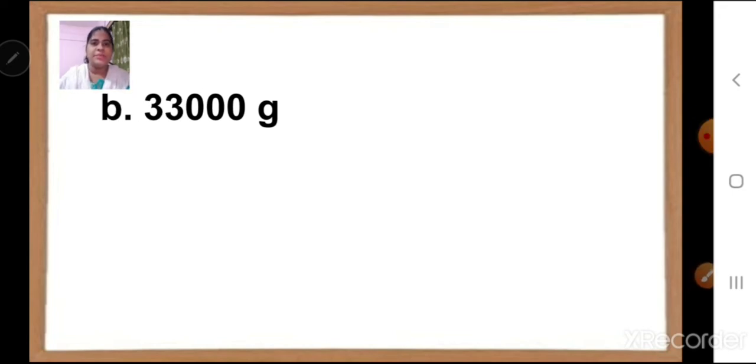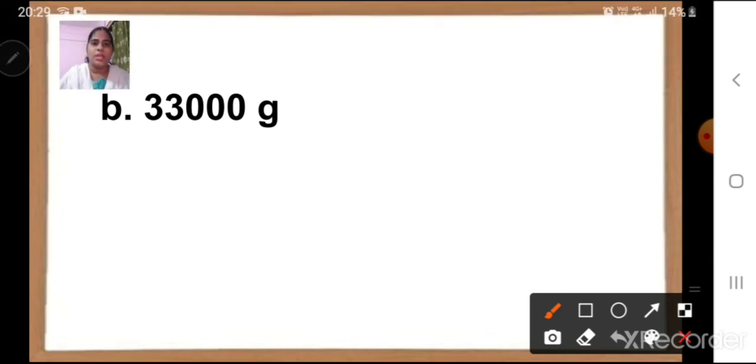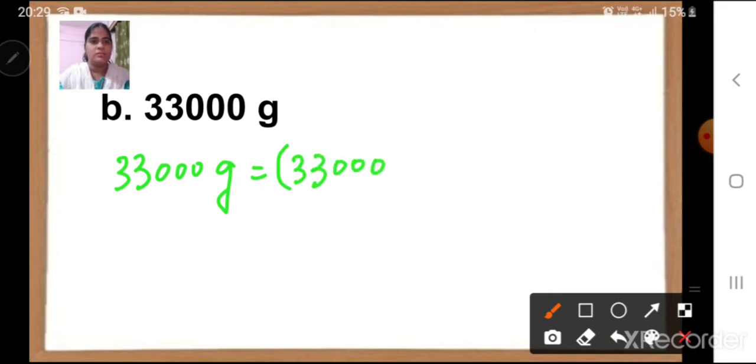Children, next question is B, 33,000 grams. Okay, so let us solve it. If we need to convert from gram to kilogram, we have to divide by 1000, correct? So 33,000 grams is equal to 33,000 divided by 1000 kilogram.